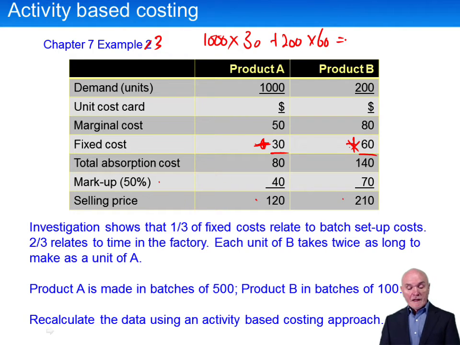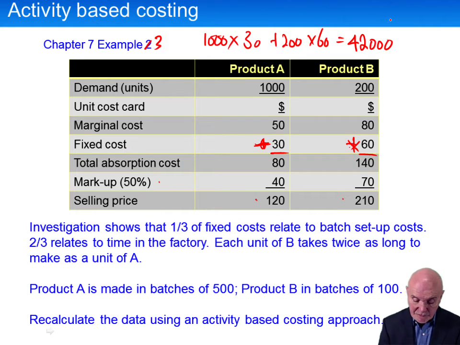So we've got 30,000 in there, plus we have another 12,000, so that's going to give us 42,000. So the total fixed costs were 42,000.